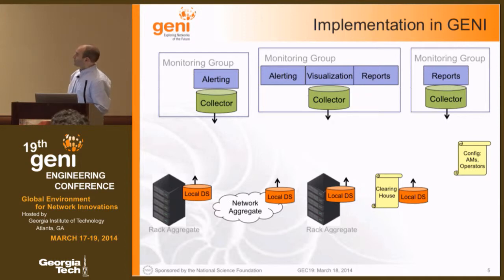I've drawn just 3 examples on the top where some monitoring group may be collecting, say in the middle, University of Kentucky may be collecting monitoring information to do alerting, visualization, and reporting, whereas some rack team that stands up their own rack only wants to monitor their rack, so they may just collect from it, where the Kentucky guys may connect to all these different local data stores to get their information.